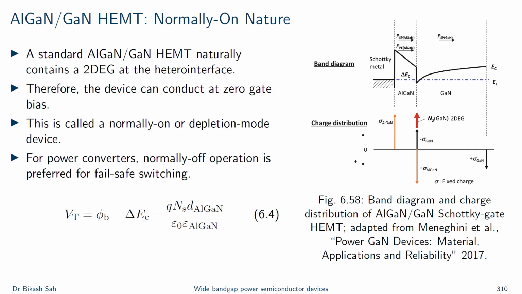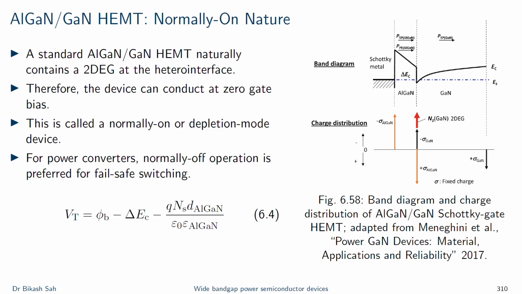Now let's go on with the normally on nature. I would say GaN originally started as a normally on device, and normally off devices were introduced later. So now let's connect the 2DEG structure to the normally on problem.